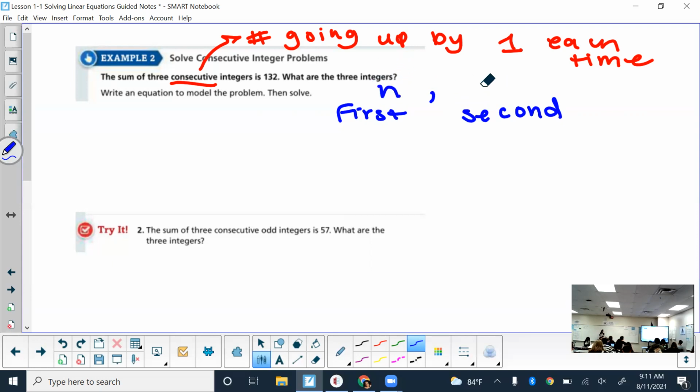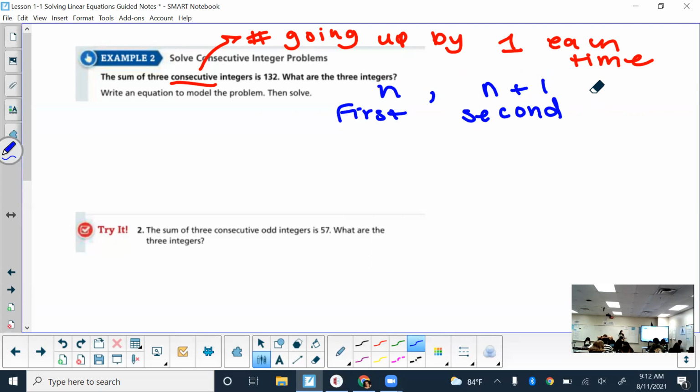Our second number would be n plus 1, right? If they go up by 1 each time, and my first number is n, my second number is n plus 1.